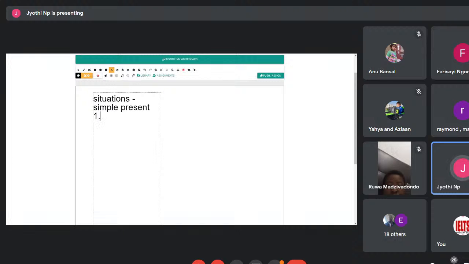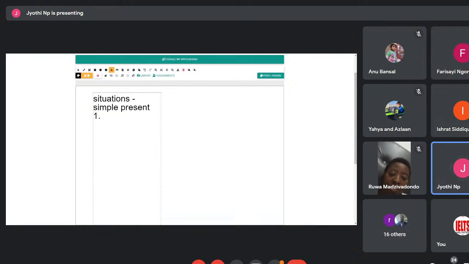Stative verb. Yes, state verbs. Very good. Who mentioned state verbs? Ishrat? It's showing Ishrat because I was online from my mother-in-law's account. Okay, that's fine. Yes, it's a state verb.